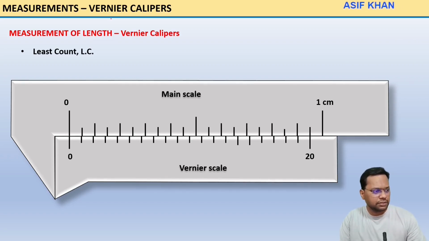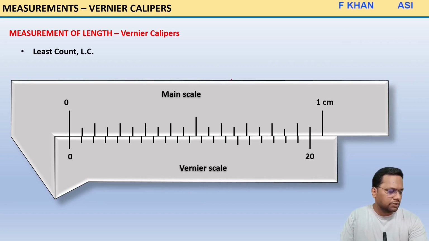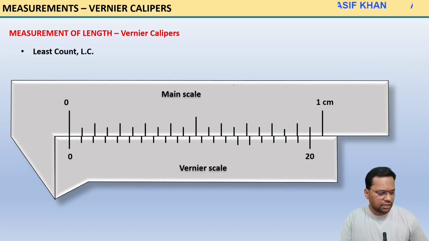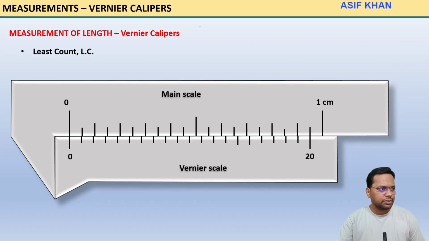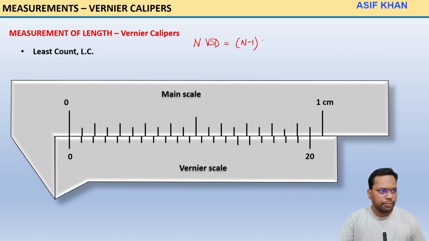If you see the first example, the Vernier calipers given here consists of 20 Vernier scale divisions, and if you see the divisions inside, there are a total of 20 divisions. So here I just write the general form of the principle: n Vernier scale divisions is equal to n minus 1 main scale divisions.